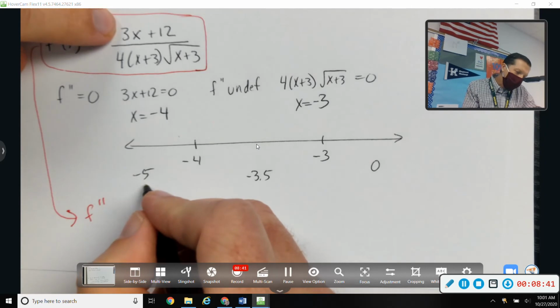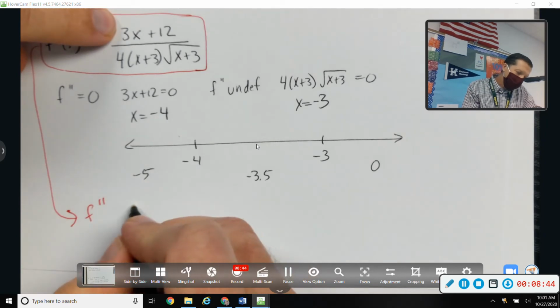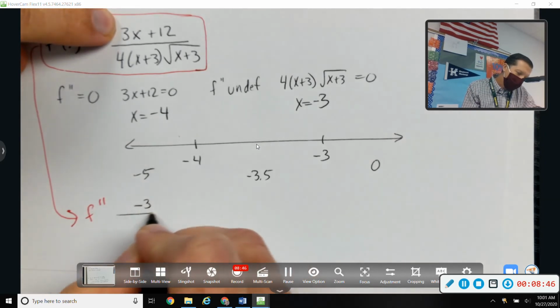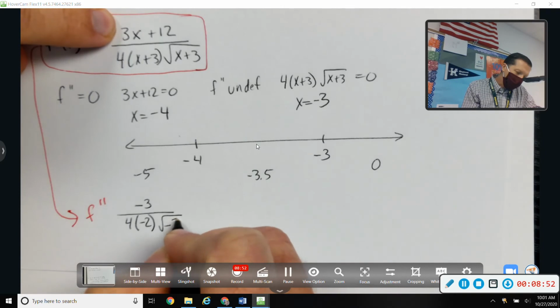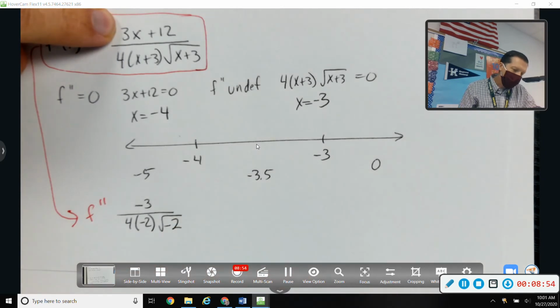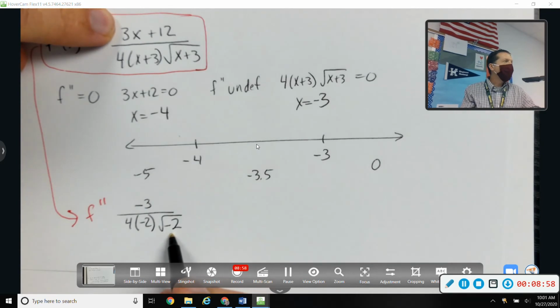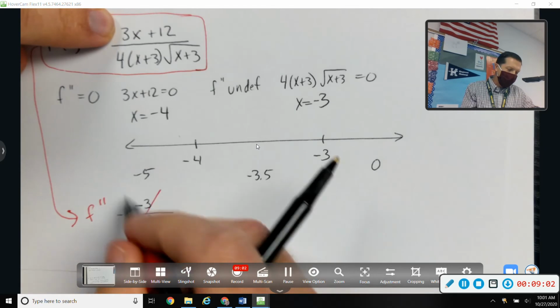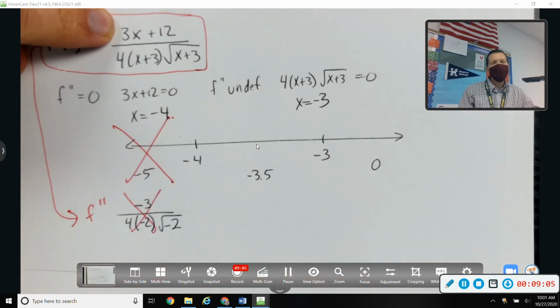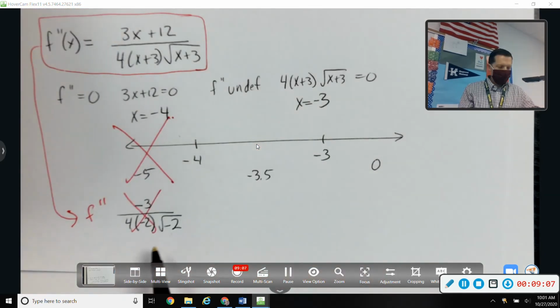So negative 15 plus 12 is negative 3. 4 times negative 2 times the square root of negative 2. Uh-oh. I can't do that at all. So that's not, there's nothing going on over there, because there is no second derivative. I can't take the square root of a negative number.